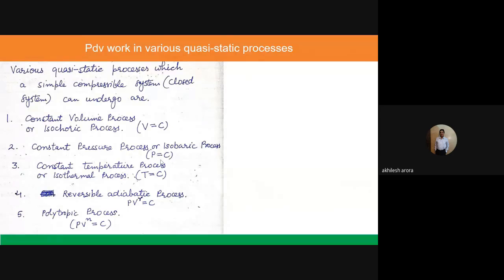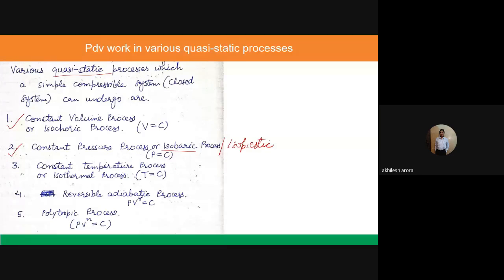Now, the various quasi-static processes for which we can use this particular equation are: the first one is the constant volume process, the second is the constant pressure process, also known as isobaric process. Another name for it is isopiestic process.